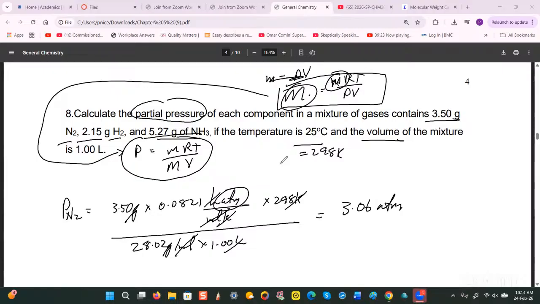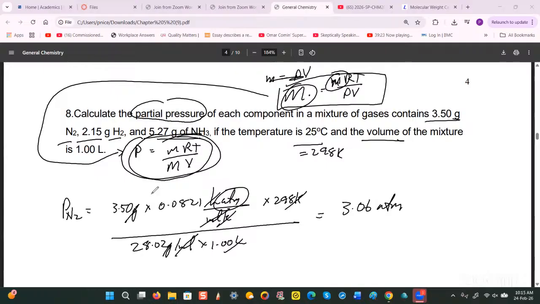It's the same calculation that you would do for the hydrogen and the ammonia. In the interest of time, I'm going to leave you to do those calculations on your own. It's the same process as I just showed you: you're going to use this equation and then plug in the numbers.